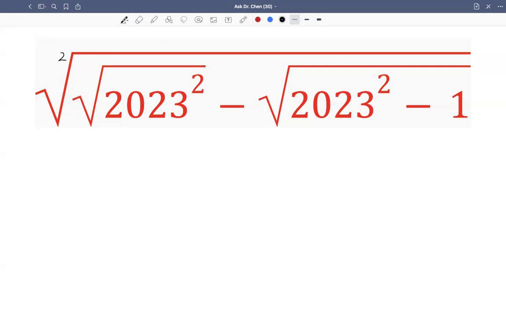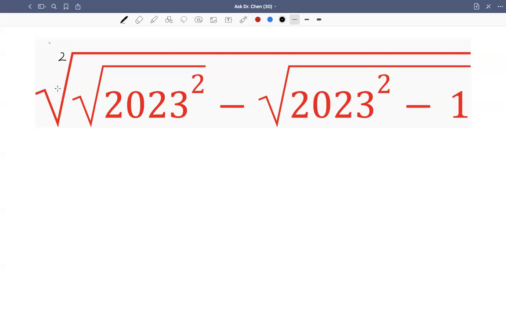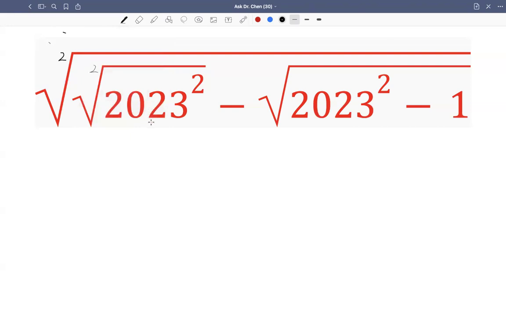So here we have a square root, and under the square root we have another square root, the square root of 2023 squared. The square roots cancel each other, right?